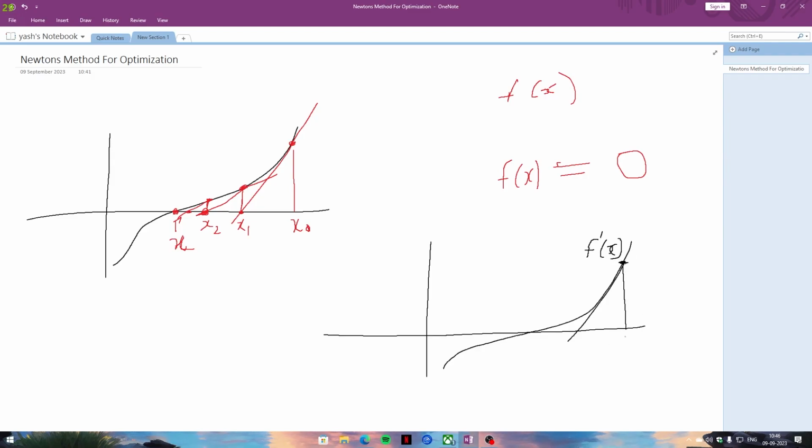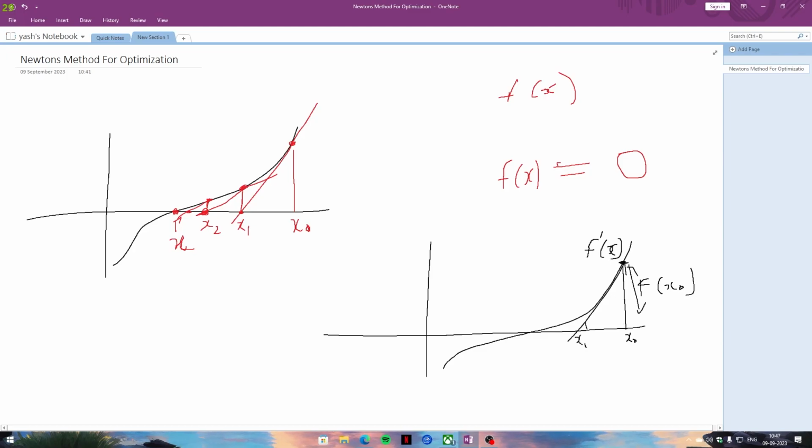This point was called x0. If I wanted to calculate the height here, it would be putting x0 into the function, so this height will be f of x0. Now this new point was called x1. So what will be my slope?